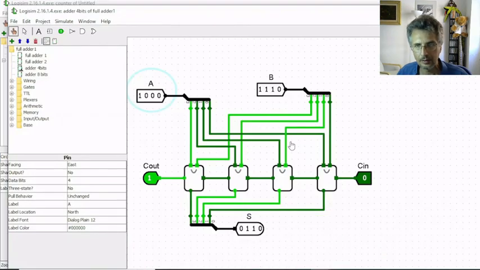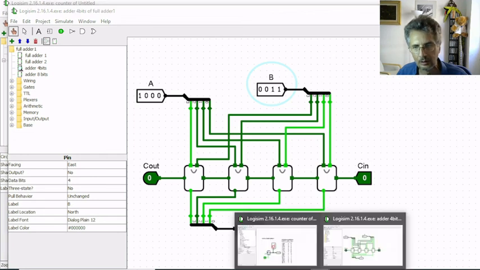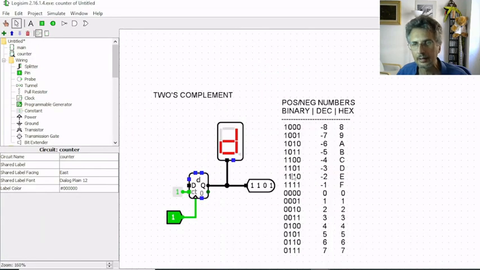So minus 8 plus 3, the result is 1101, which is minus 5, which is correct because minus 8 plus 3 makes minus 5.